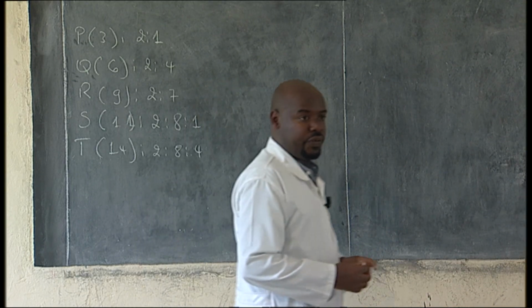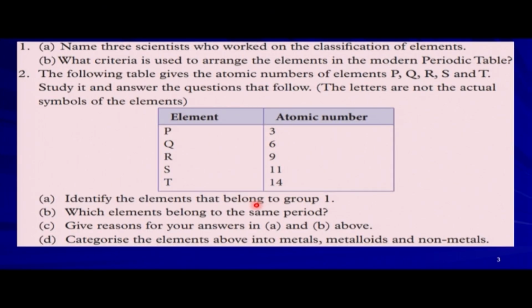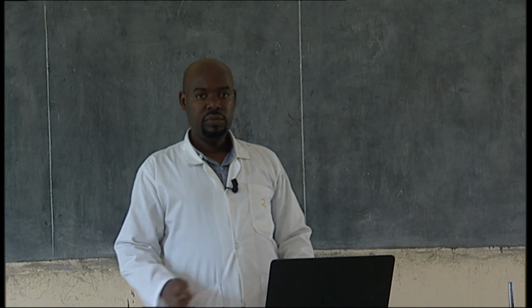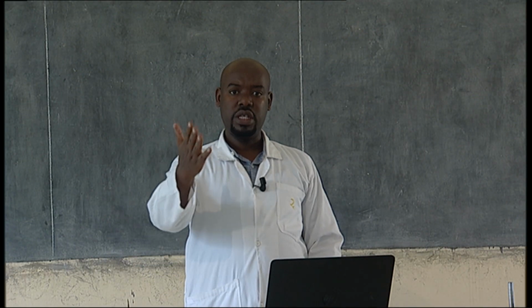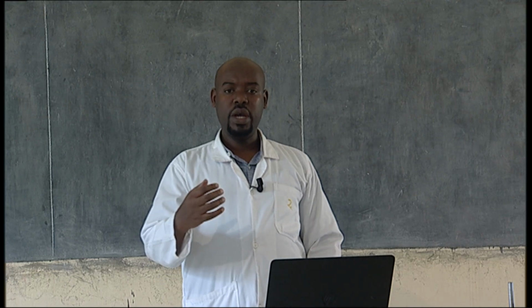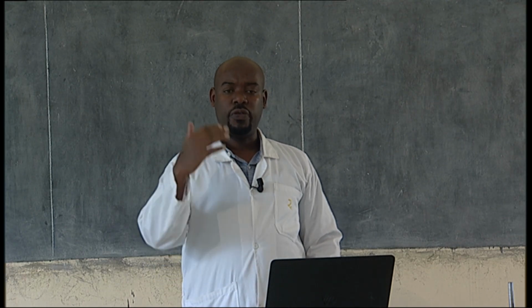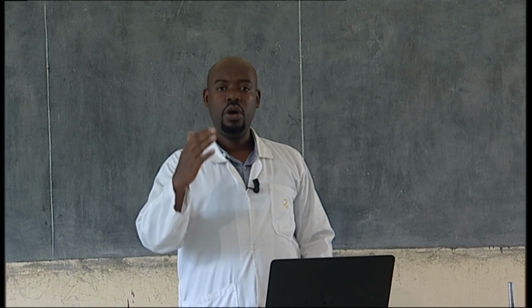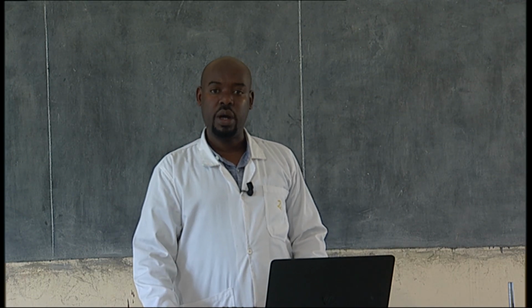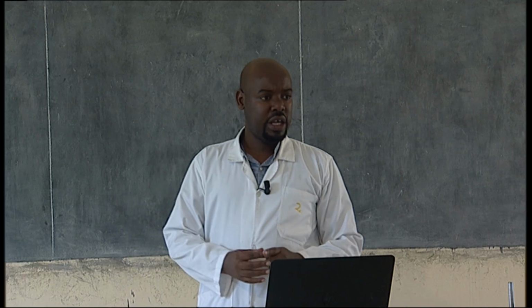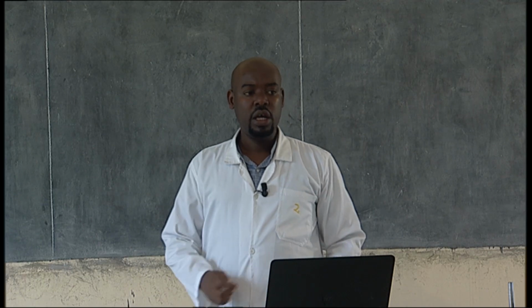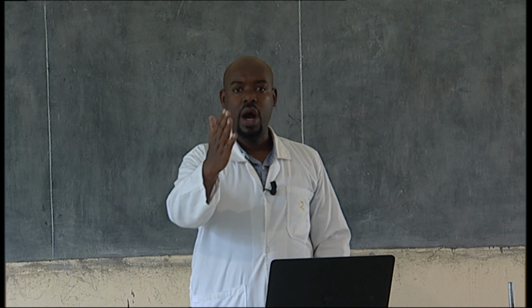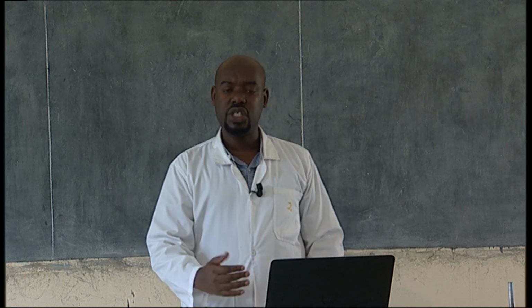The first question is asking for the elements which belong to group 1. Remember, elements belonging to a certain group will always have the number of valence electrons, or the number of electrons in the last shell, equal to the group number. So for the elements which are in group number 1, they should all have 1 electron in the last shell.